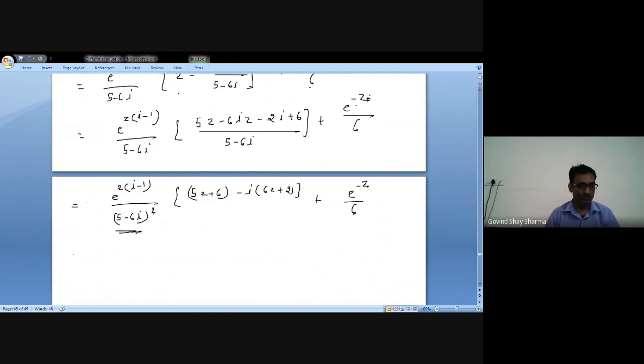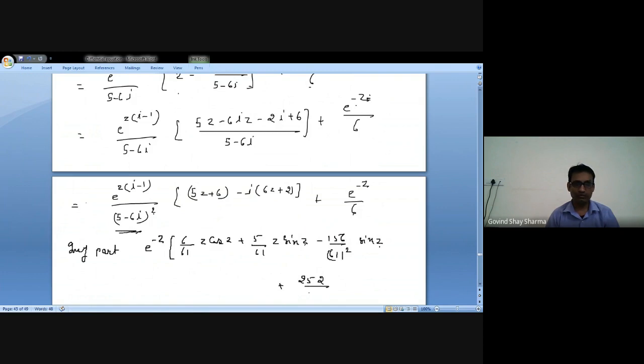After solving it, we find the imaginary part e to power minus z, where the length is 6 by 61 z cos z plus 5 by 61 z sin z minus 156 by 61 square sin z plus 252 by 61 square cos z plus 210 by 61 whole square.